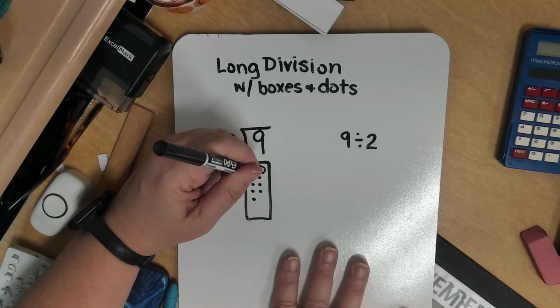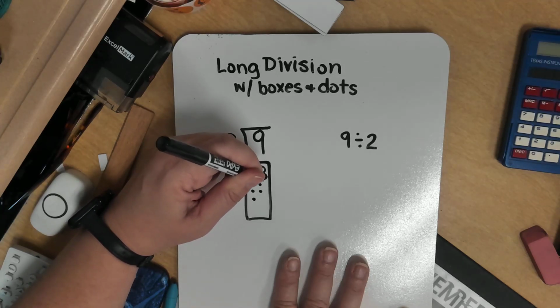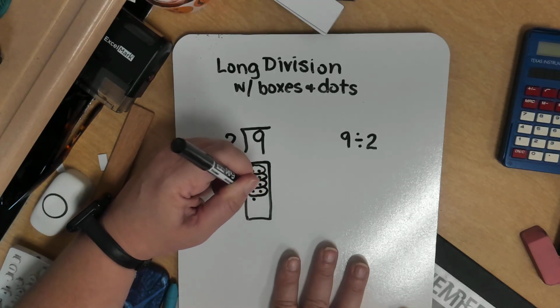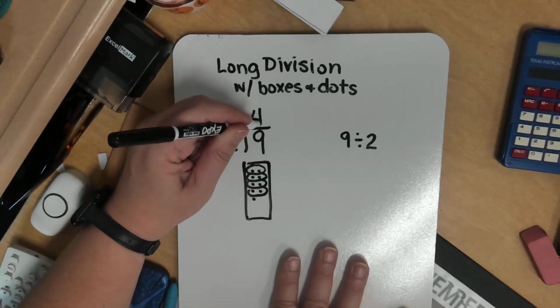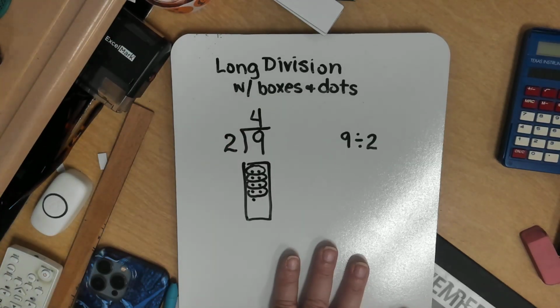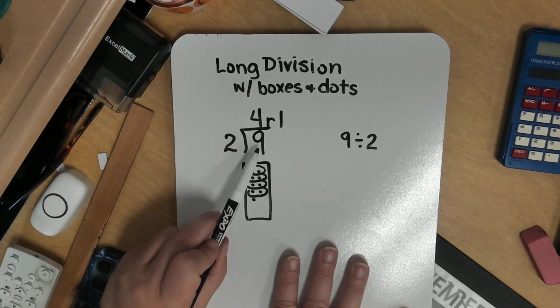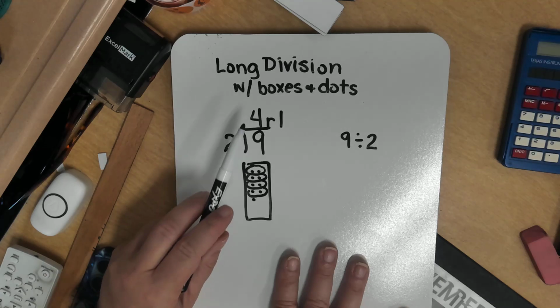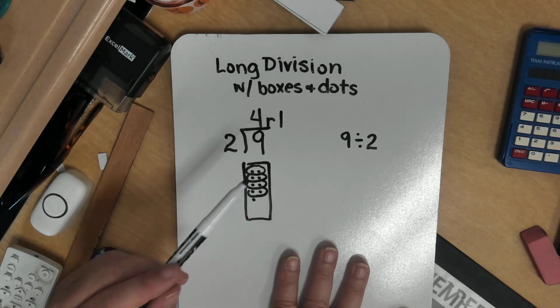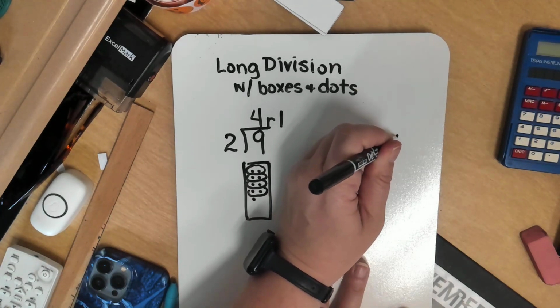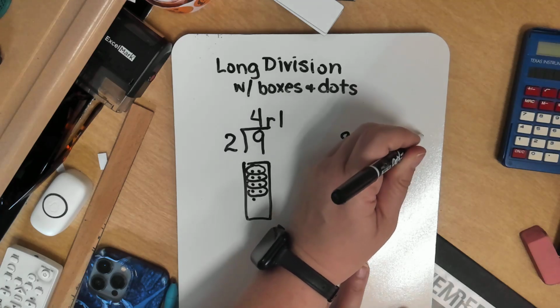So I have 1 equal group, 2, 3, 4 equal groups, and then how many will be left over or remaining? 1 remaining. So 9 divided by 2 is 4, remainder 1.